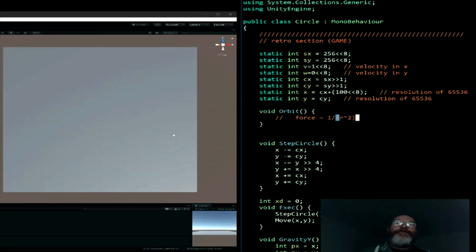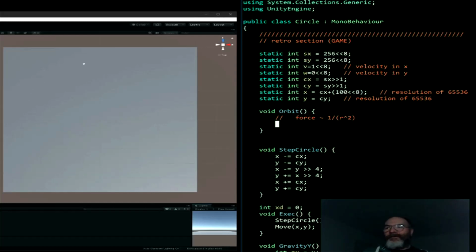Or the force is proportional to 1 over the square of the distance. And that's really the only bit that we're interested in right now, because I just want to get the effect of gravity on the screen. So to say the force is proportional to 1 over the square of the distance, I need to know what the square of the distance is.